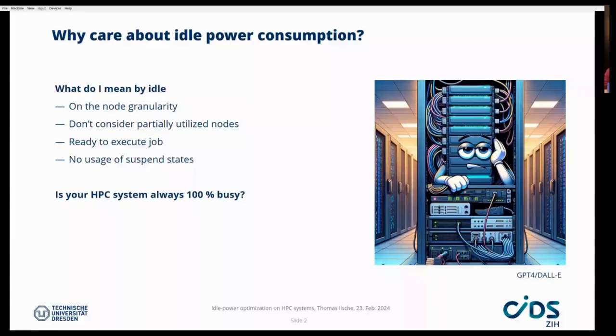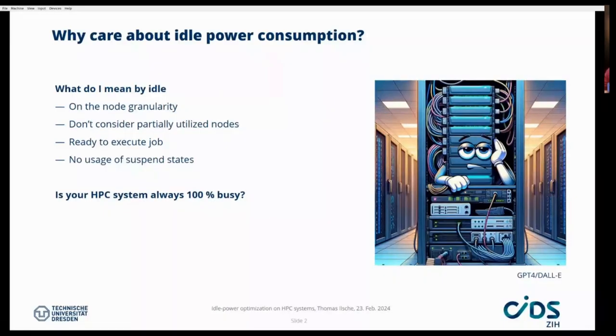So basically, when is this happening? Of course, we are trying to utilize our systems as much as possible. We are trying to increase the scientific output of our systems, but still we have phases in our operation where the nodes cannot do any useful work. This can, of course, be the classical example before a large job is being executed on the system. There will be gaps in the scheduling. Those gaps can sometimes be backfilled by smaller jobs, but not always.